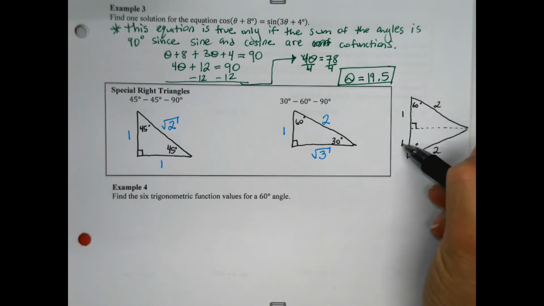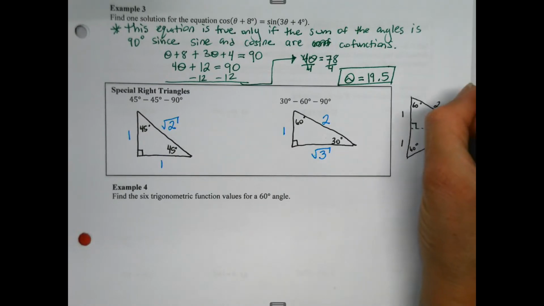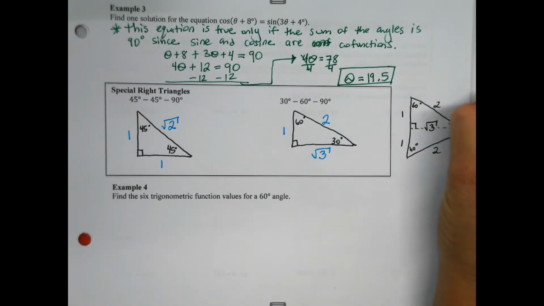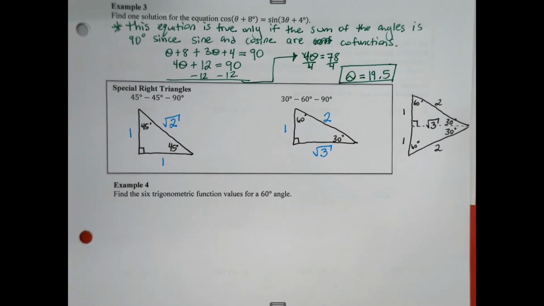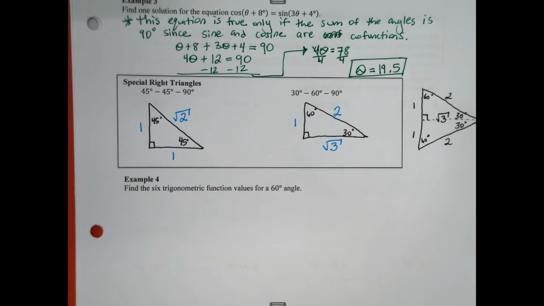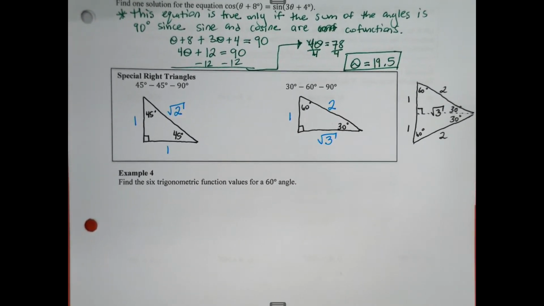And 1 squared plus something squared equals 2 squared. That something happens to be the square root of 3. And when we get into the unit circle, we deal a lot with these special right triangles.